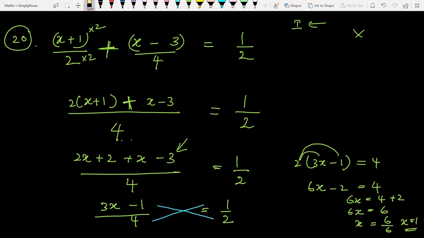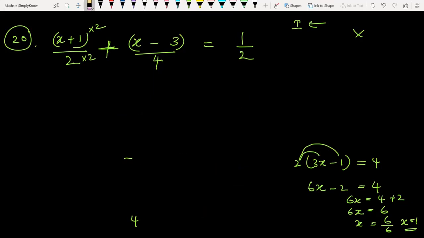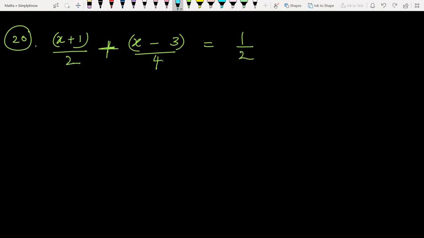Now you have another method to solve this. Let me erase this. Now we have here 3 fractions. So when we consider the denominators, we see 2, 4, 2. And then we need to find the LCM of 2, 4 and 2.